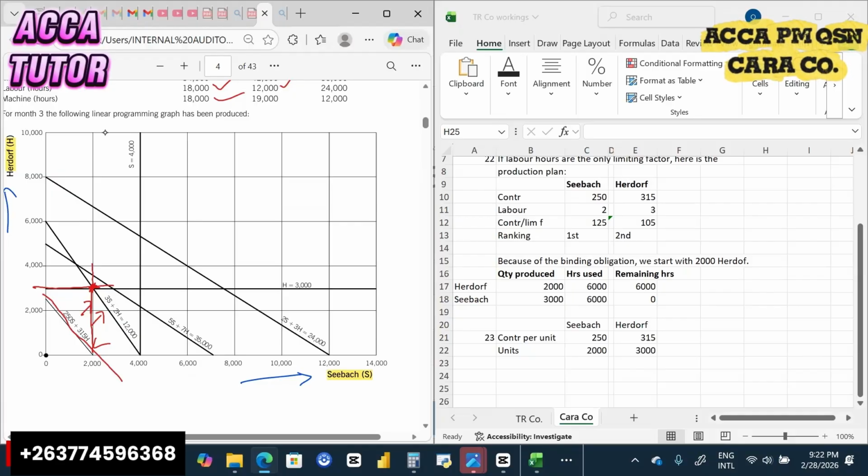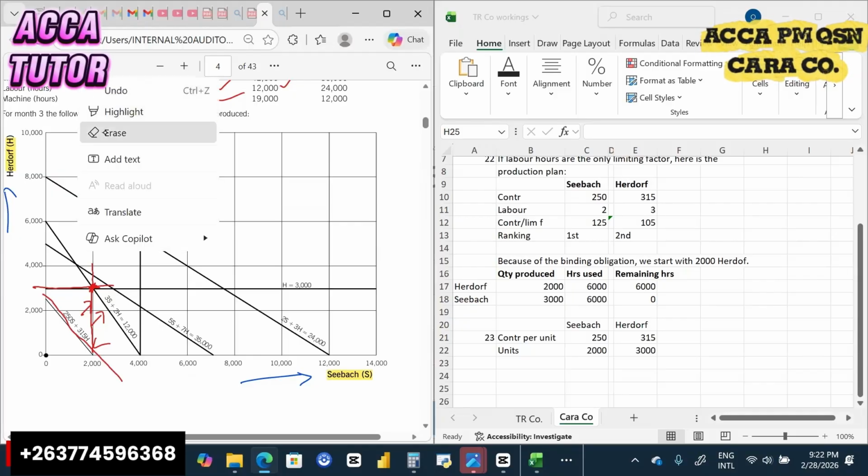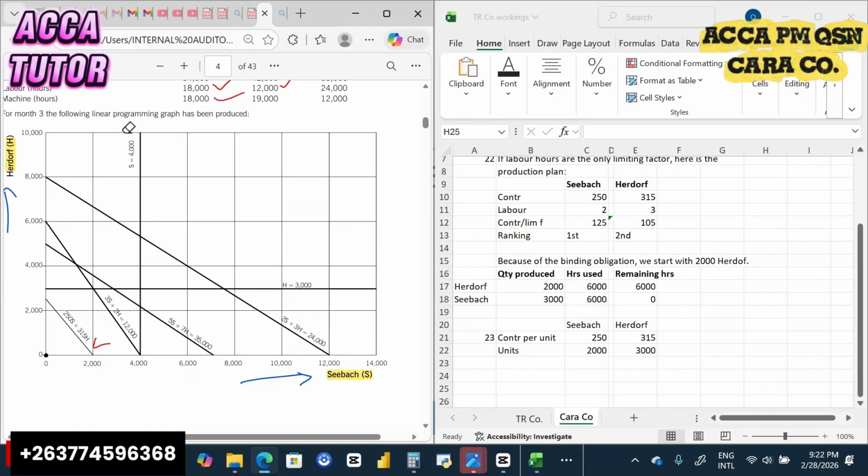If we continue to push the ISO contribution line upwards, it will come to this point, right?